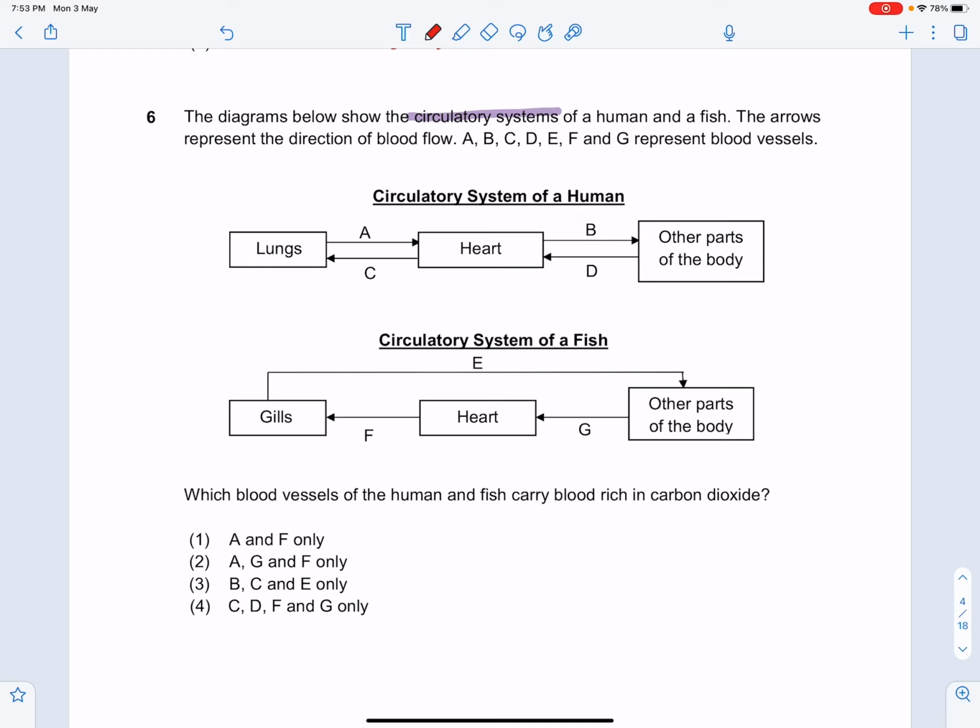So the 3 most important gases that you need to understand would be oxygen, carbon dioxide, and the last one would be nitrogen. You have to understand that oxygen typically is used up for respiration. This is something that is very important.